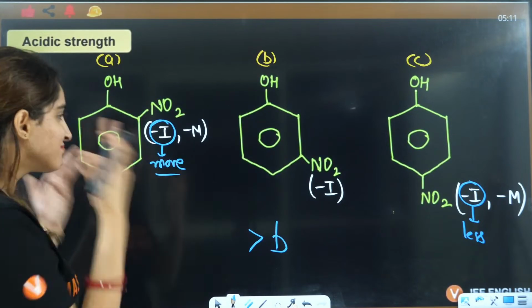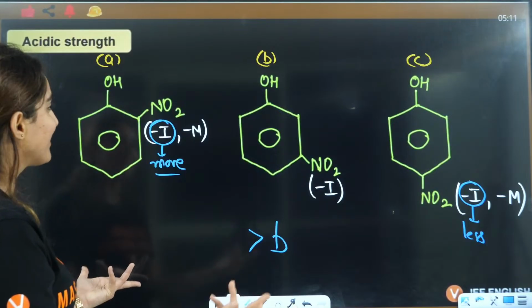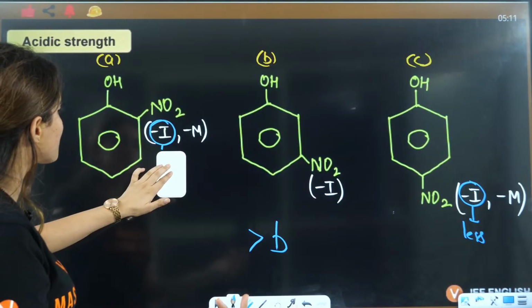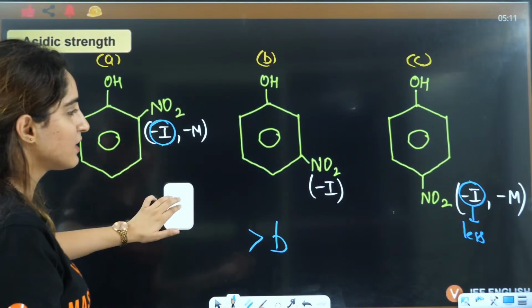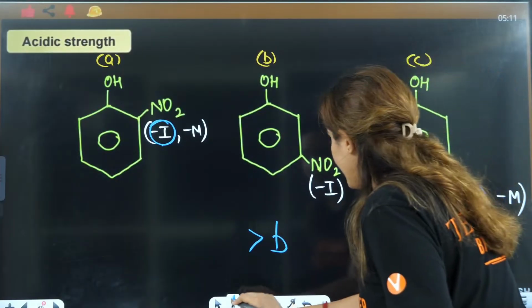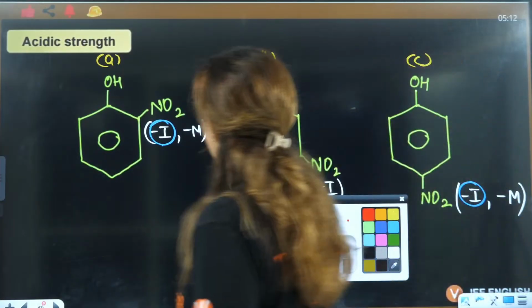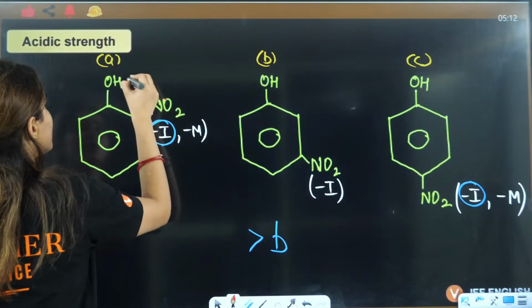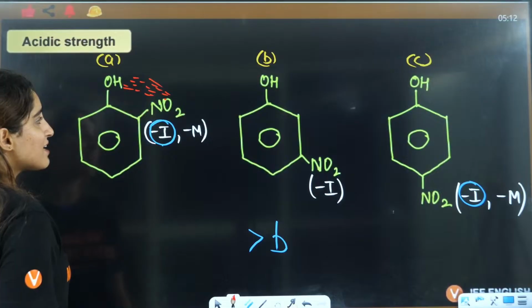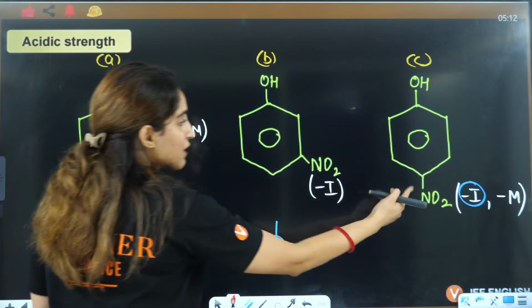Again same thing. This will be more. But this has hydrogen bonding. Hydrogen bonding will make it less acidic and para will be more acidic.